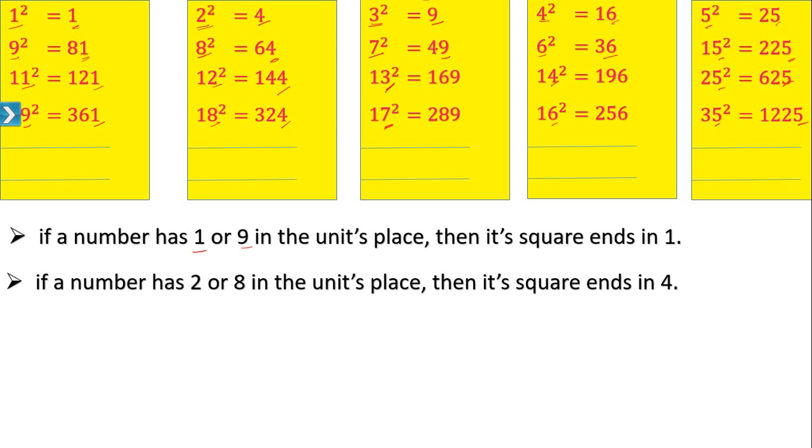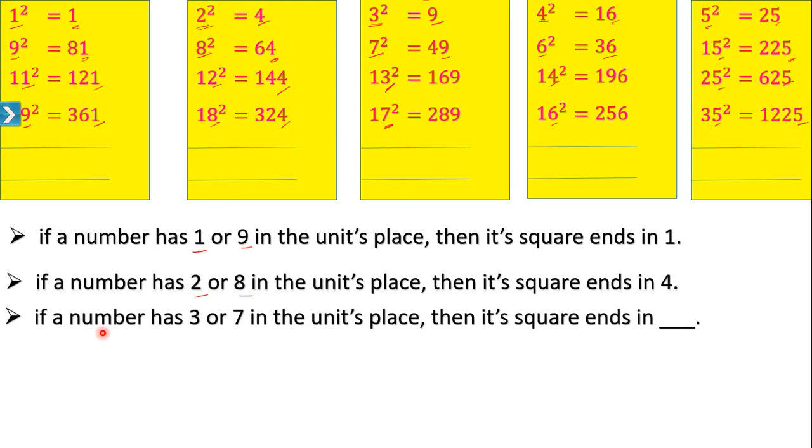If a number ends in 2 or 8 in the units place, then its square ends in 4. That is the second set of examples. If we have 2 or 8 in the units place, then its square ends with 4. If the number has 3 or 7 in the units place, look at the third set of examples.